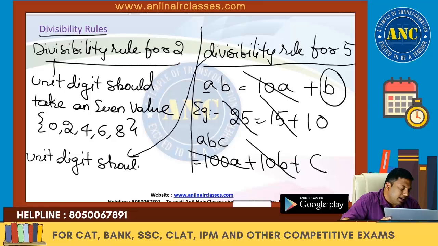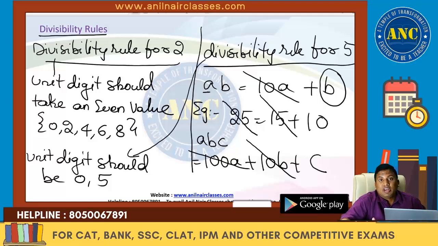Any number multiplied by 5 will give you unit digit 0 or 5. 5 2s are 10, 5 3s are 15, 5 4s are 20, 5 5s are 25. Divisibility rule for 5 says that the unit digit of that number should be 0 or 5. Divisibility rule for 2 says that the unit digit should take an even value. Even value is nothing but a value which is divisible by 2, including 0. I hope it is clear.